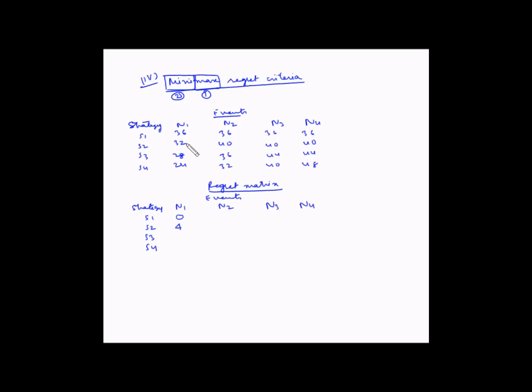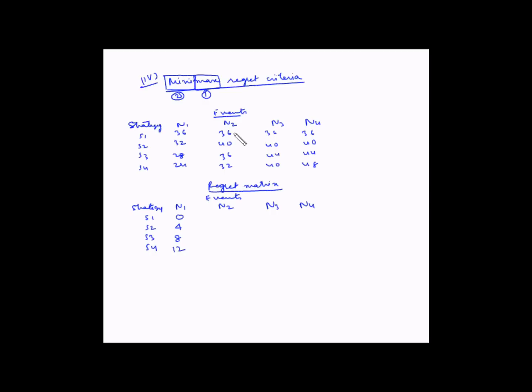Similarly, in case of choosing S3 instead of S1, the regret or the opportunity loss is 36 minus 28, which is 8, and in case of S4, 36 minus 24, which is 12.